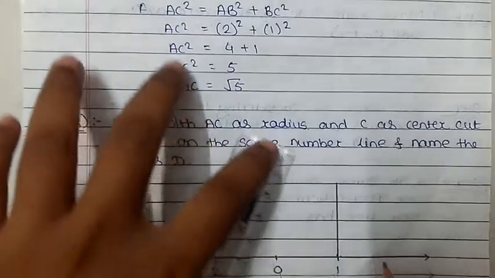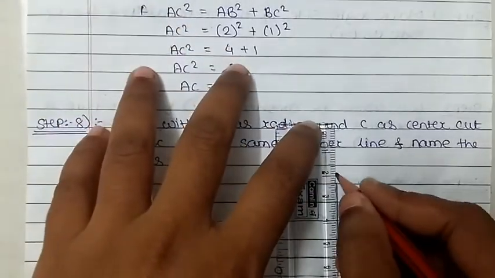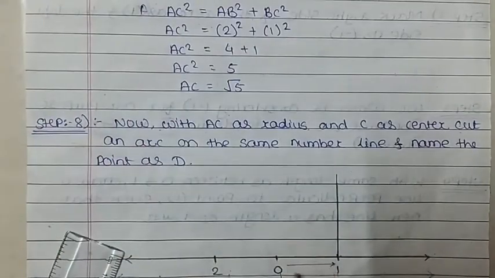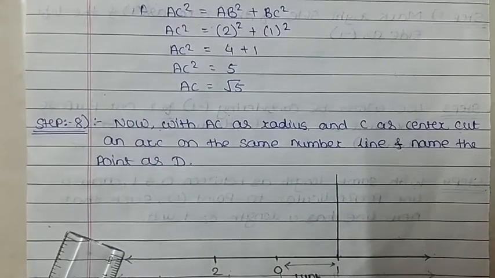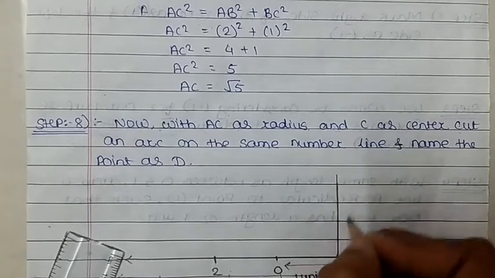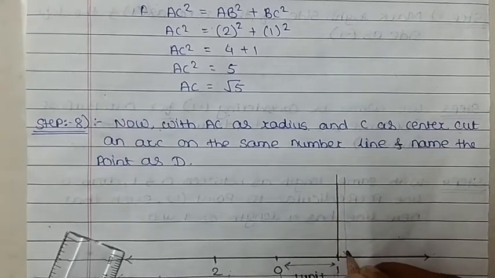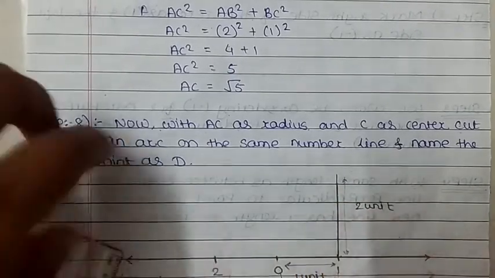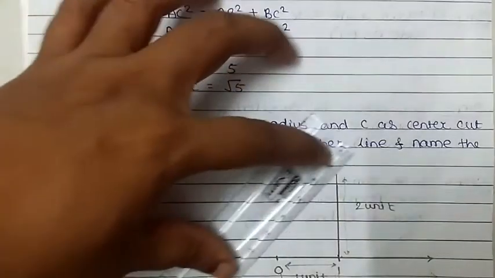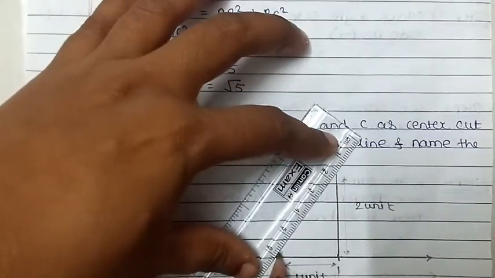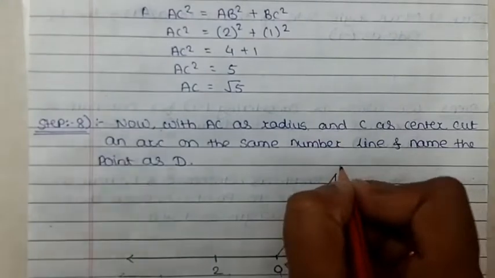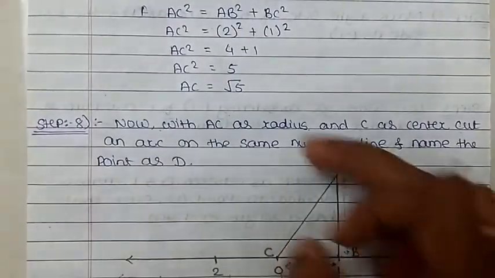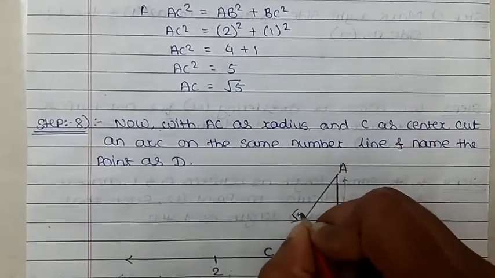The length between 0 and 1 is 1 unit, and the length of this line is 2 units. Then join these 2 points, 0 and this one, and we name this triangle ABC. Then we calculate the AC value, that is root 5.